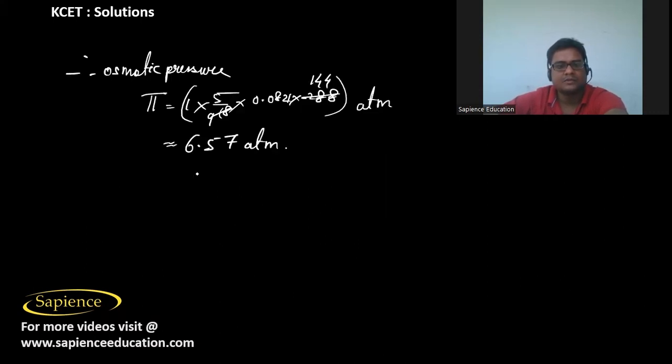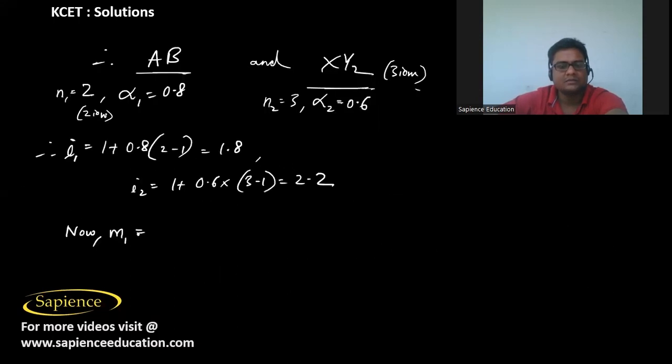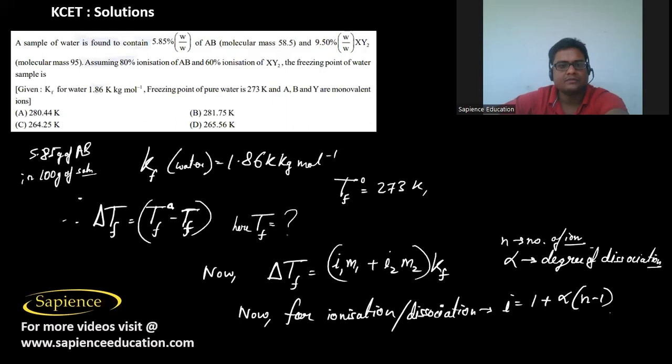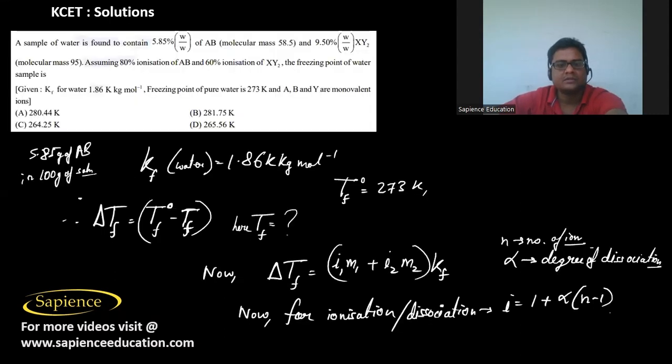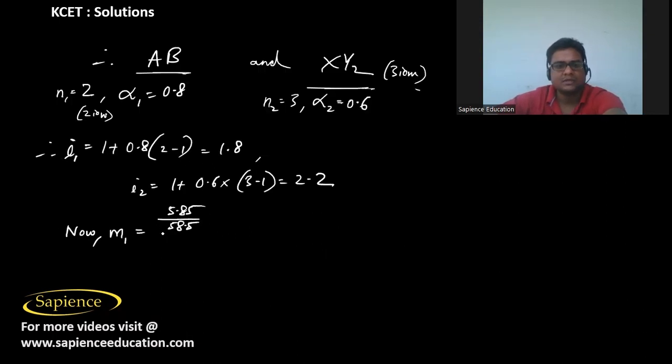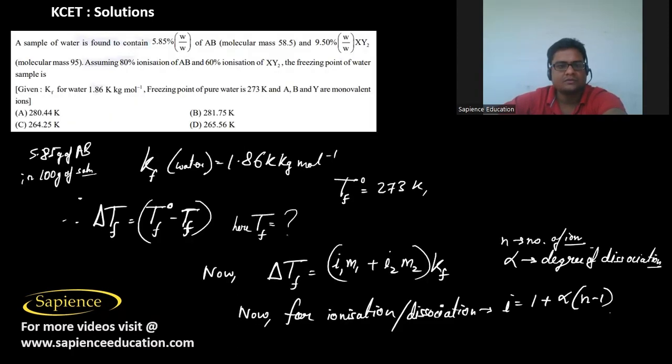So therefore, molality of AB solution will be equal to the number of moles of AB, that is 5.85 divided by 58.5, since the molecular mass told is 58.5, divided by 100 gram of the solution.